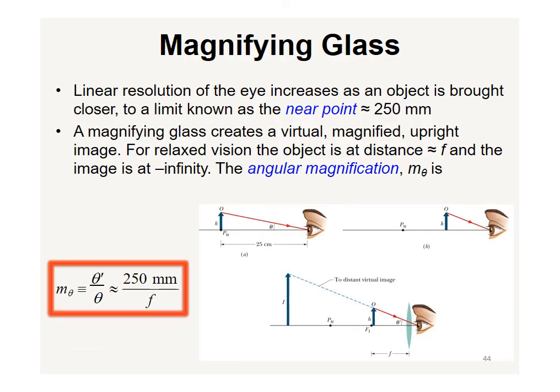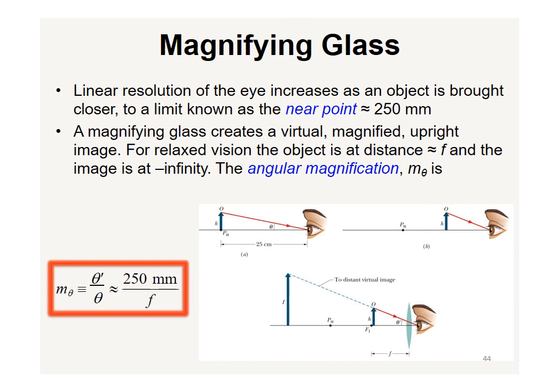The magnifying glass is the simplest optical instrument, so it's useful to understand it. Its main purpose is to create magnification of the image on your retina, and it does this by allowing us to bring the object to a position that is closer to you than your near point.